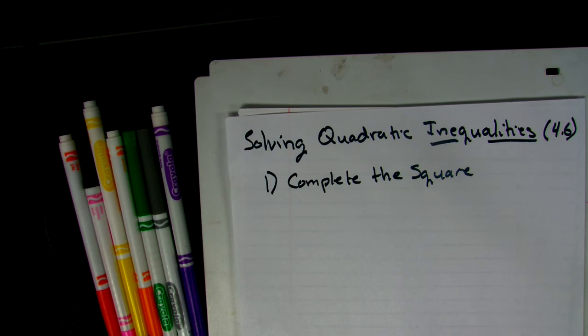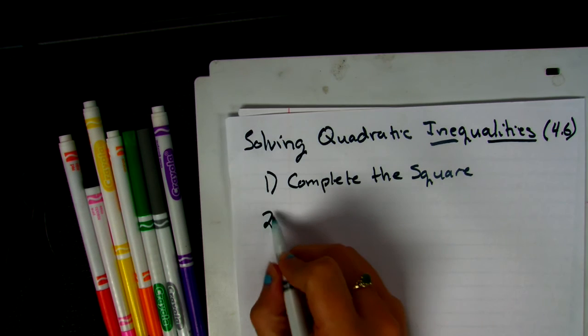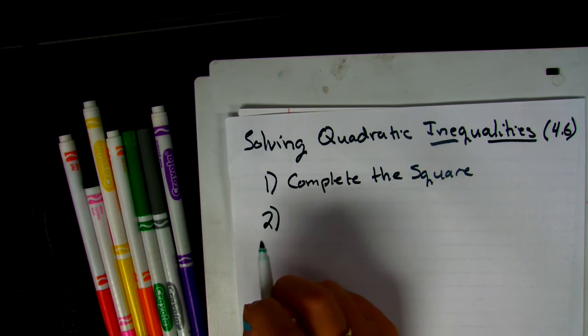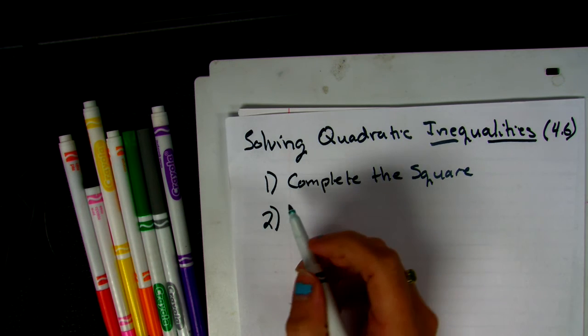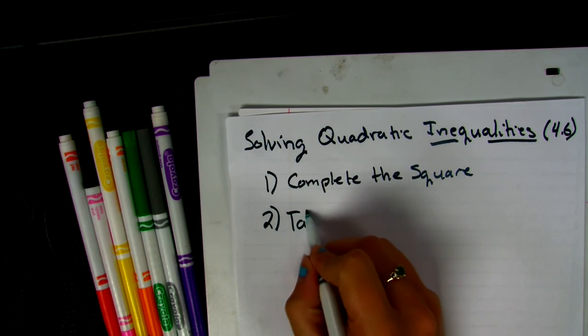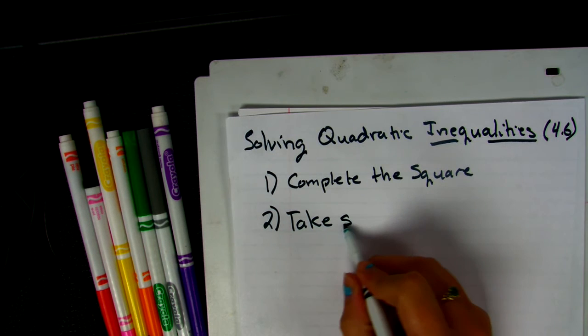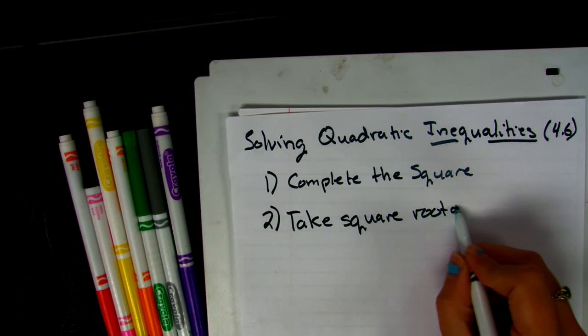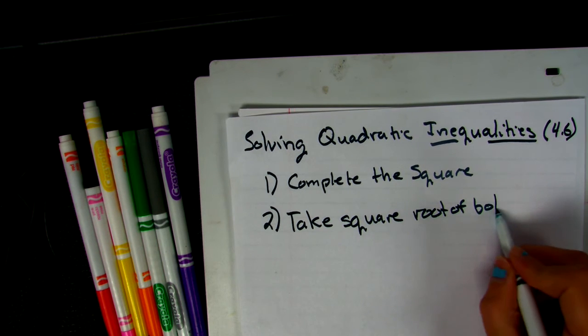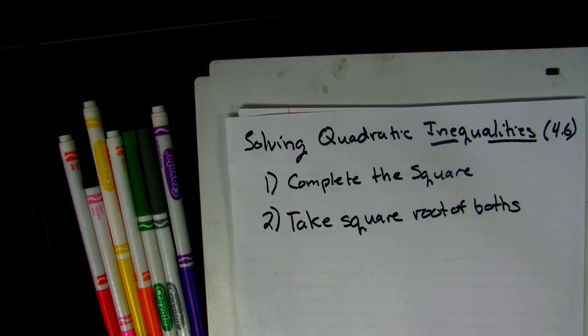So that's step 1. Once you have completed step 1, which is completing the square, step 2 is taking the square root of both sides. Because once you have completed the square, you have created a perfect square, and once you have the perfect square, you can take the square root of both sides.